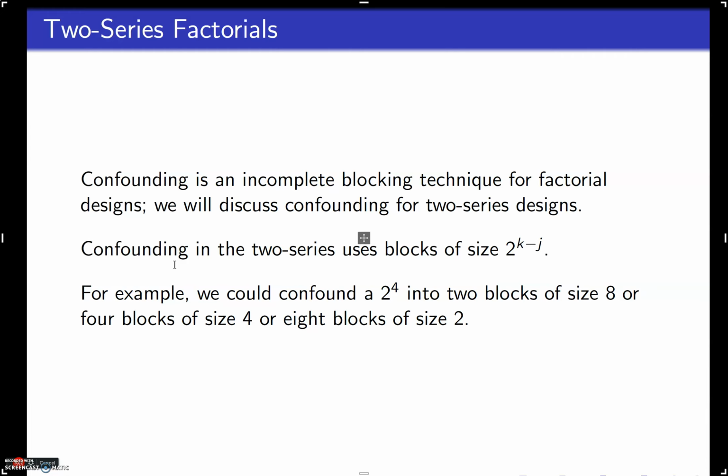In particular, the factorial arrangement that we use in one of these 2 to the k series models can be manipulated to provide an effective blocking factor for the investigation of certain factor effects and to facilitate the analysis of certain factor effects.